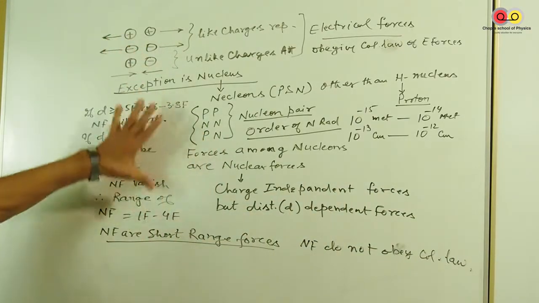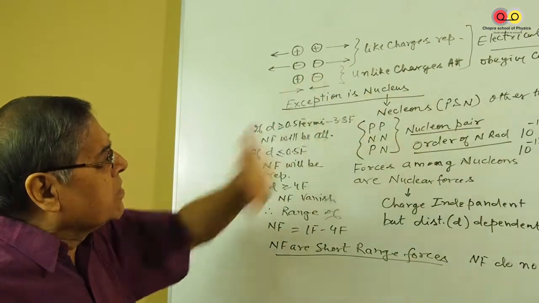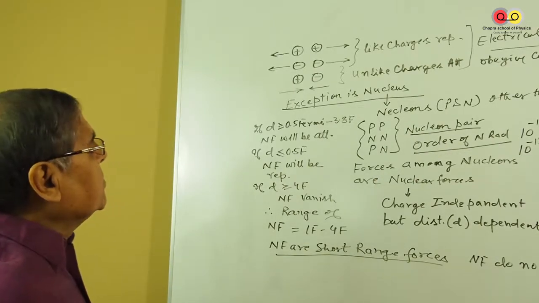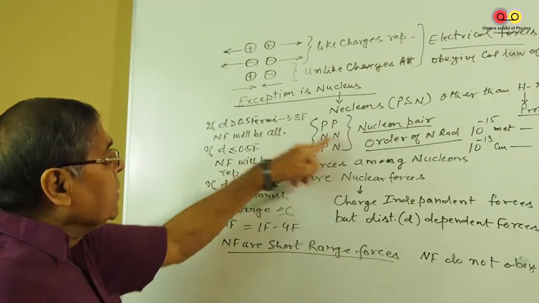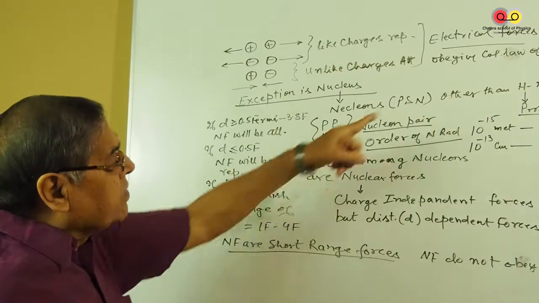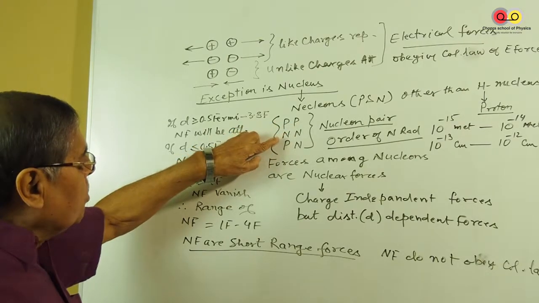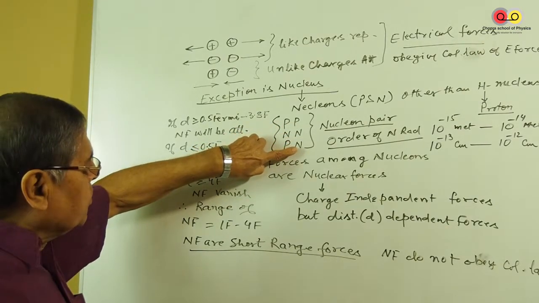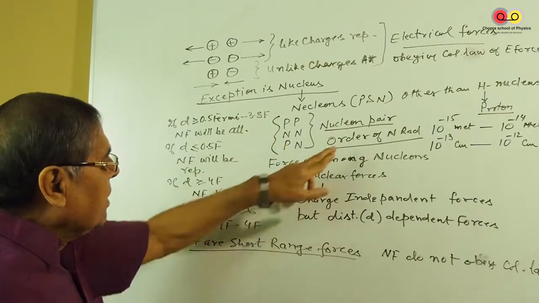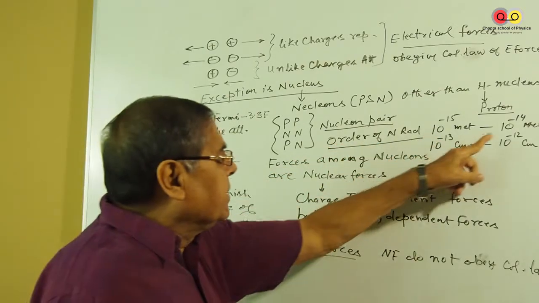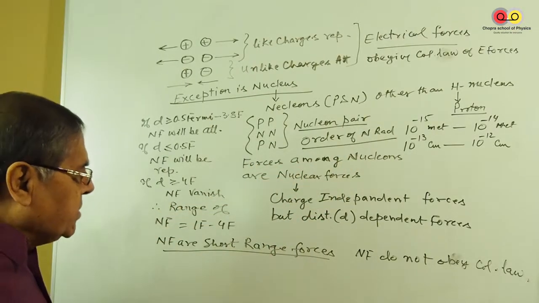So the point is here, a question is there that like charges repel, unlike charges attract. This is called the statement of Coulomb's law, and these forces are called the electrical forces. They are obeying Coulomb's law, but the nucleus, which is made up of nucleons other than the hydrogen nucleus, has three types of combinations: proton-proton, neutron-neutron, proton-neutron. That is nucleon pair combinations. The order of nuclear radius I have already written here, and forces among the nucleons are called nuclear forces.